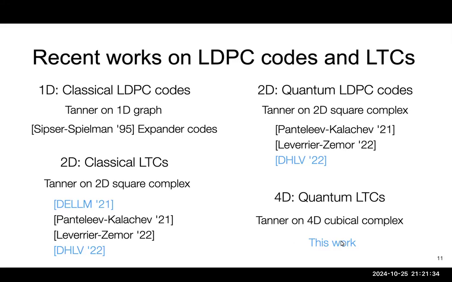For our proof technique, we draw some inspiration from this paper, DHLV, which draws inspiration from this earlier paper, DLM. If you trace down the details, you can see some similarity between all of them.